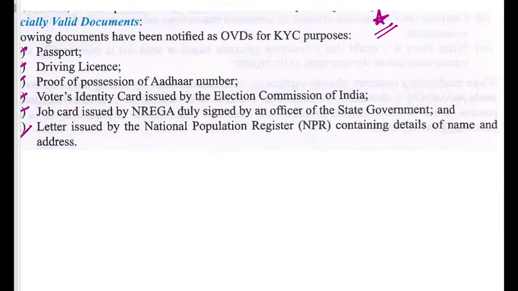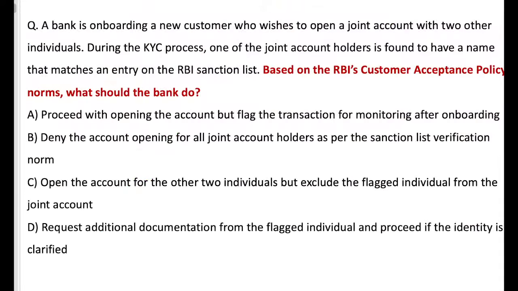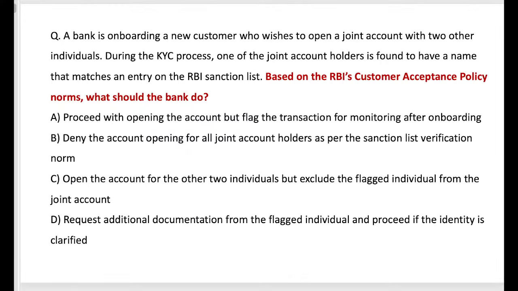So this is a list where we have the officially valid documents which are generally part of your OVDs and all, right? Next one, this type of small cases you can get for 1 mark or half marks, so they'll be driven by the guidelines itself.